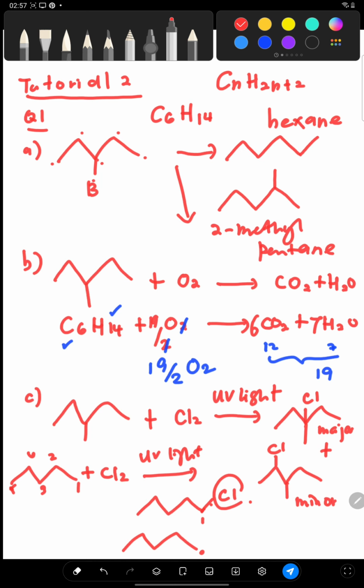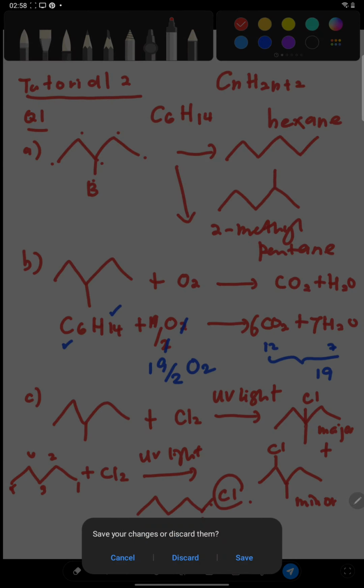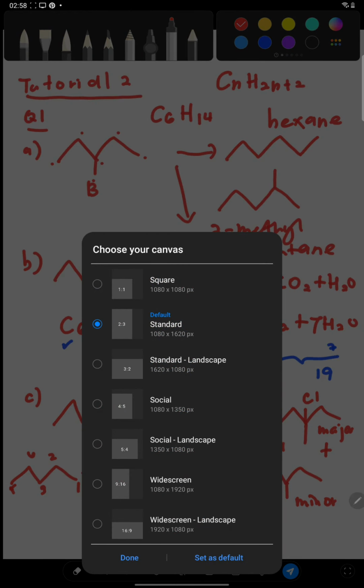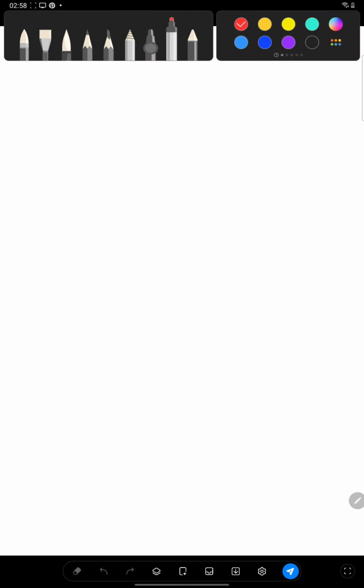So for the stability of the radical, if you want to talk about stability, it involves the formation of the radical.